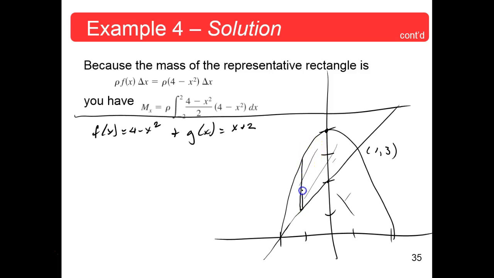For everything we do, we're going to need a little rectangle, aren't we? Okay? Why not? Let's do the mass first. The total mass is going to be the integral from minus 2 to 1. If we're doing dx's here, that fixes this point to be minus 2 to 1.